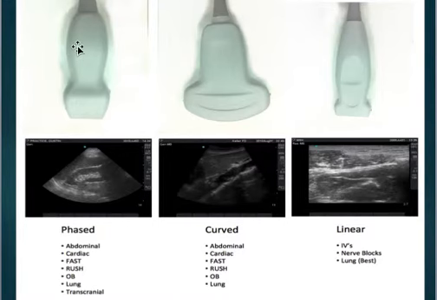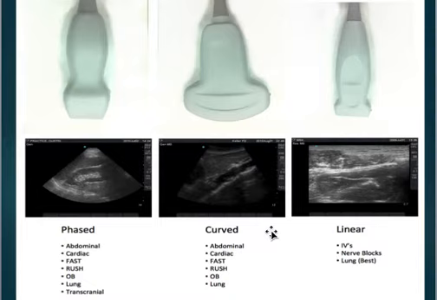And again, here's another one and what the images look like. So in a linear transducer, you're going to get this rectangle image. The curved, you can see how the image curves out here. Hopefully that quality is pretty good. They use this again for abdominal, cardiac, lung, FAST, and RUSH.